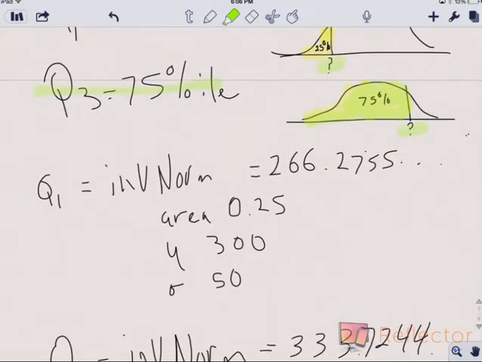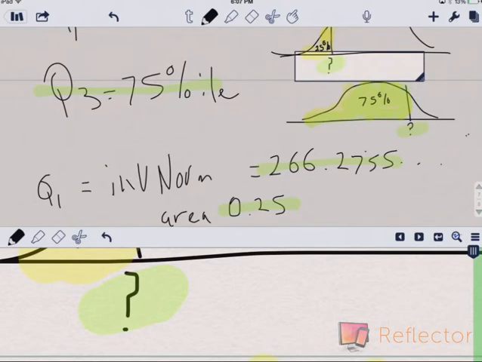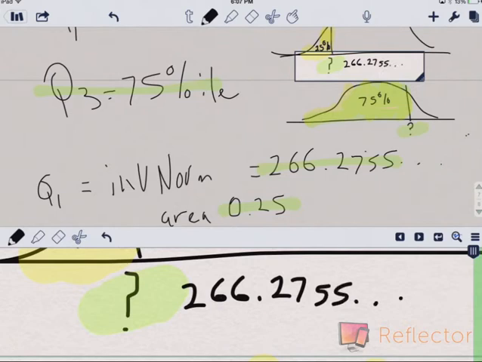For Q1, our area is 0.25. Same mean and standard deviation. And that gives us 266.2755... t-shirts per week. That's what that value is right there.